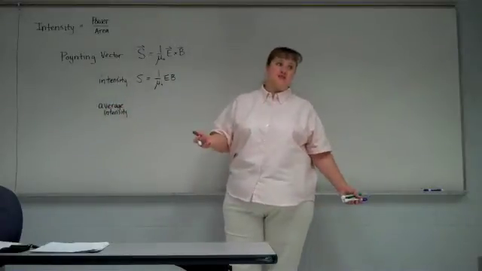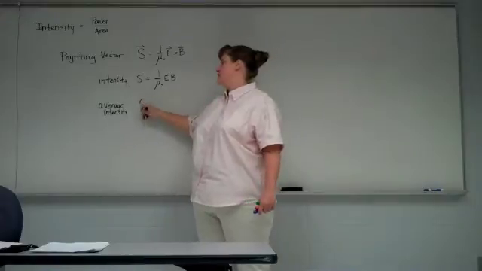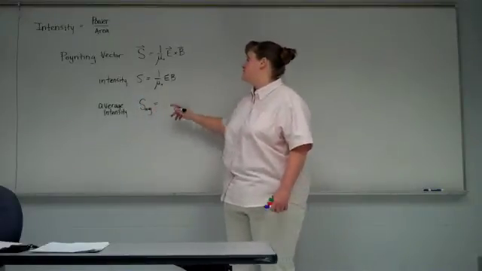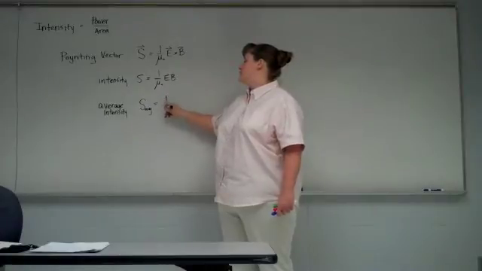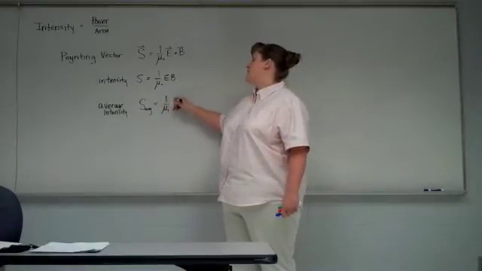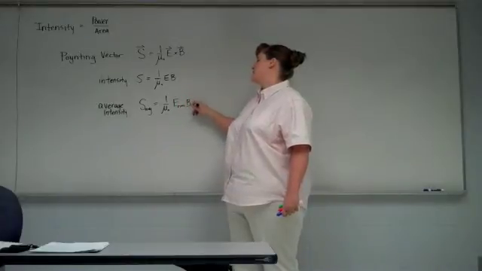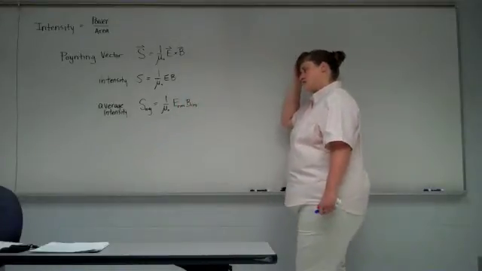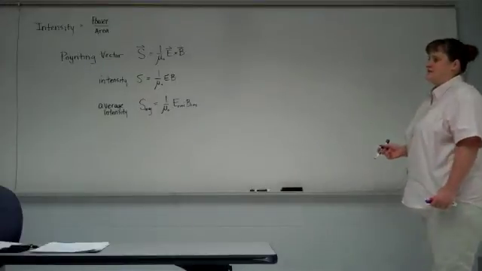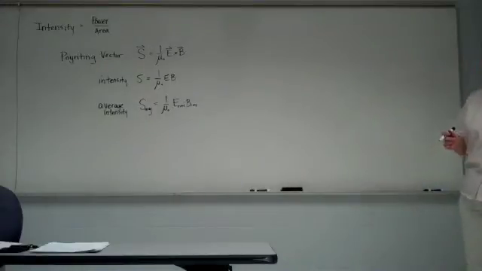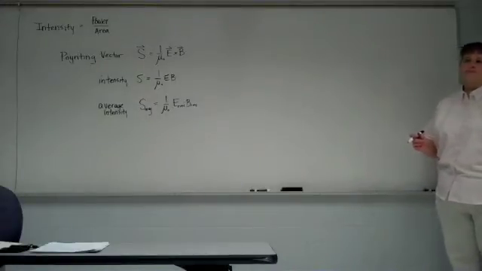So on average, what is happening? The average value of our intensity will equal 1 over mu naught times the RMS values of the magnetic field. That will give us the average value of the intensity.